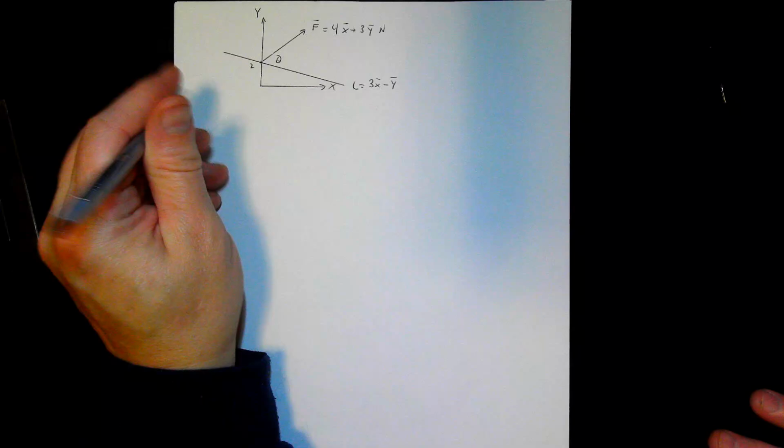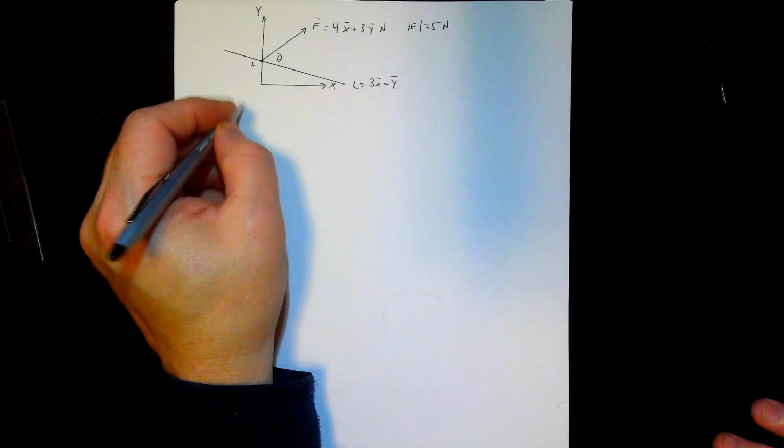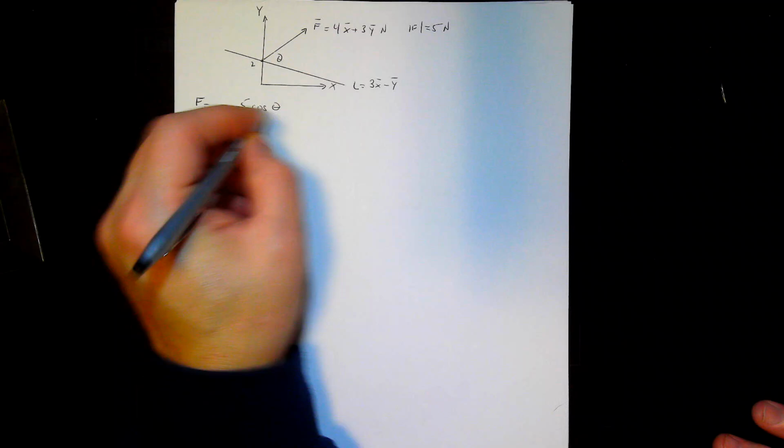Okay. And I'll just go up here to some spot 2 over the y. Let's see. So I'll put in a vector that's, say, along this line. I'll let L equal 3x minus y. And here's my force vector coming off.